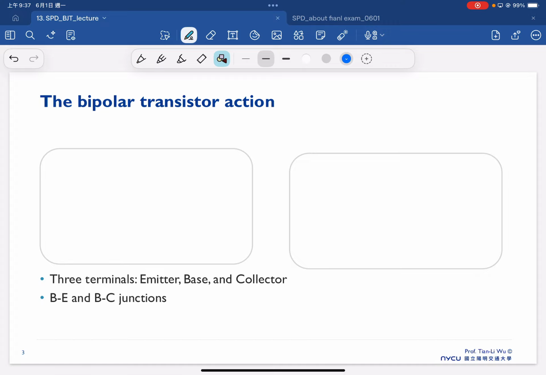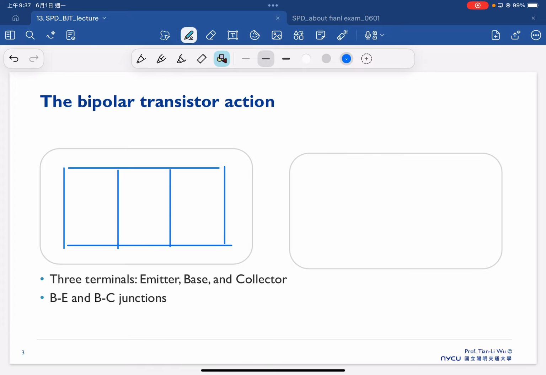We have one where on the left-hand side we have N++, in the middle we have P+, and on the right-hand side we have N. So this is typically what we consider an NPN BJT.